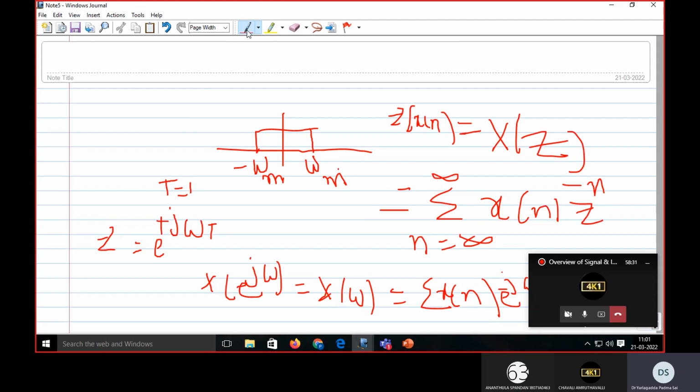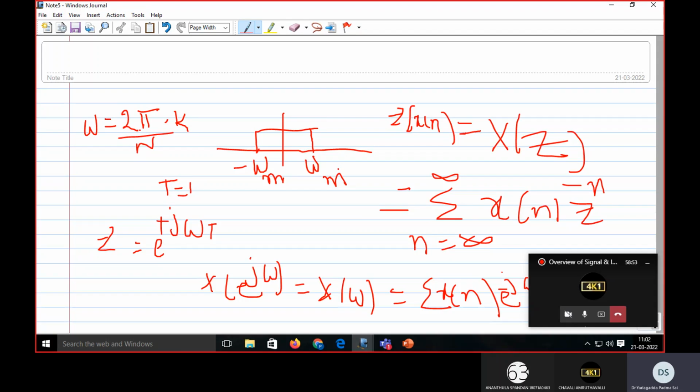What I am doing is replacing my omega by 2 pi by capital N into k, where k indexes the number of samples. I am replacing only in omega.